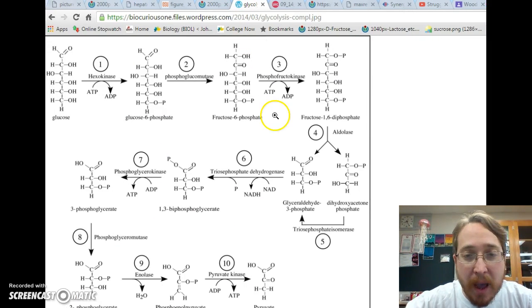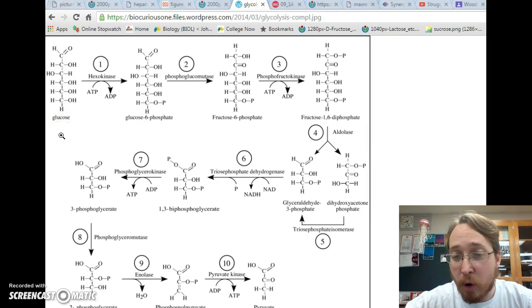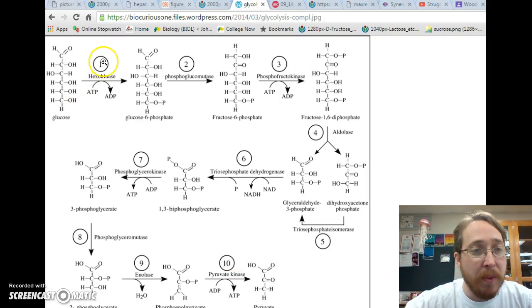In this, we have our glucose monosaccharide in its linear form, and we're going to run through the reactions here. The first step, we have hexokinase. Now, to start this off, we need ATP. So, hexokinase is an enzyme which, with the help of ATP, changes glucose into glucose 6-phosphate. You can see they added a phosphate over here.